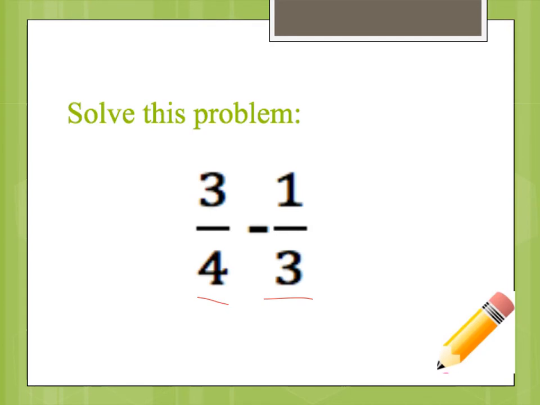Well, the one I'm thinking about right now is 12. Both 4 and 3 could get to 12, right? I just have to think about what I multiply these numbers by to get to 12. Well, 4 times 3 will give us 12, and 3 times 4 will give us 12.